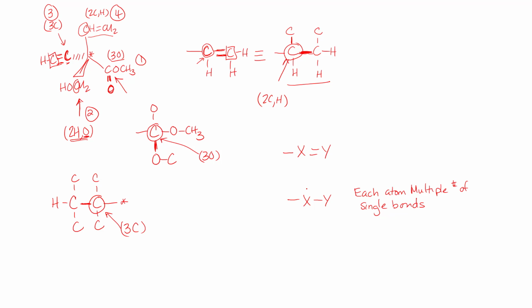So in this case, this would have a Y group attached, and over here it would have the X group attached. And of course, the Y group would have 2 bonds, and the X would have 1, and those groups would still be there. Okay, so hopefully that makes sense.